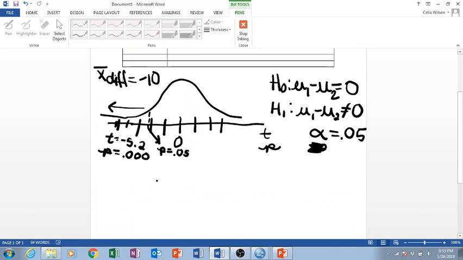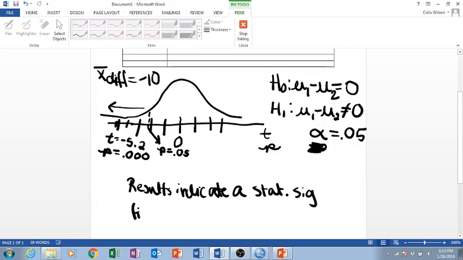All right. And so you might see it written something like, results indicated a statistically significant finding.